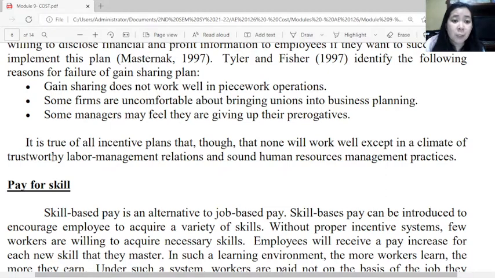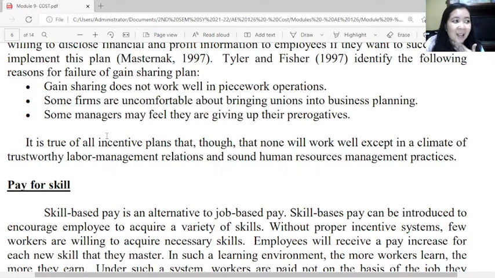Another is that some firms are uncomfortable about bringing unions into business planning because there are cases where the objectives of the employees are different from the owners. They have conflicting objectives, and because of this, this may create disparity.